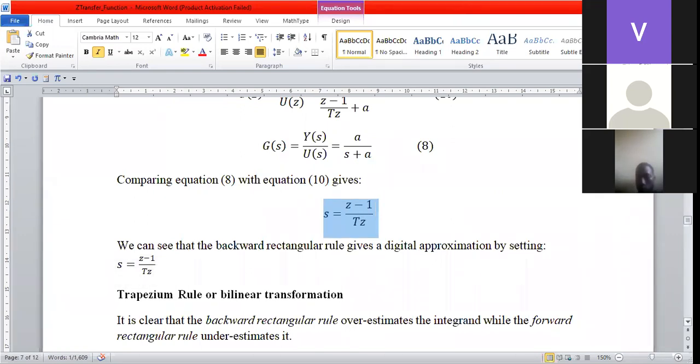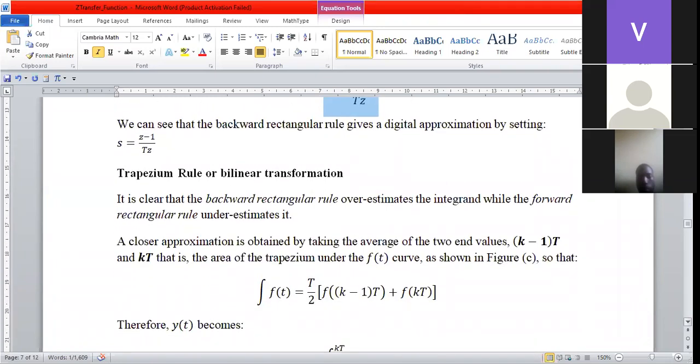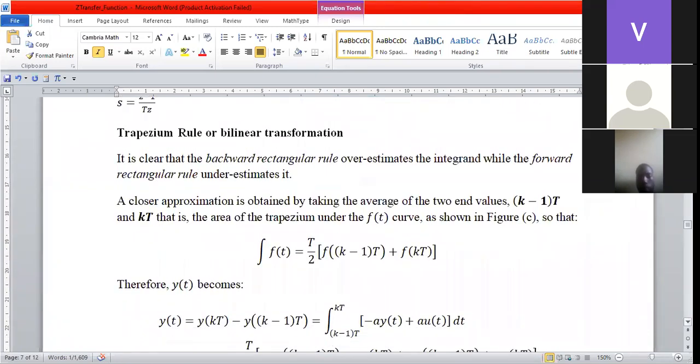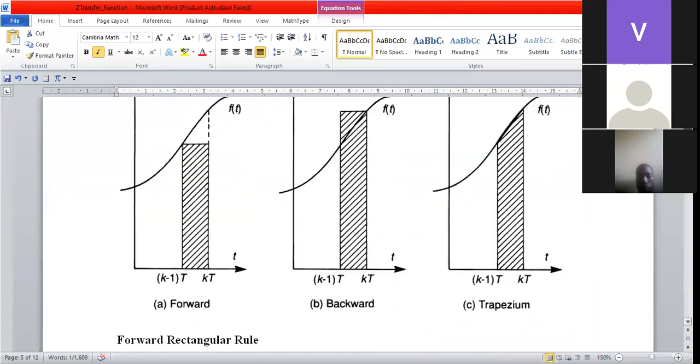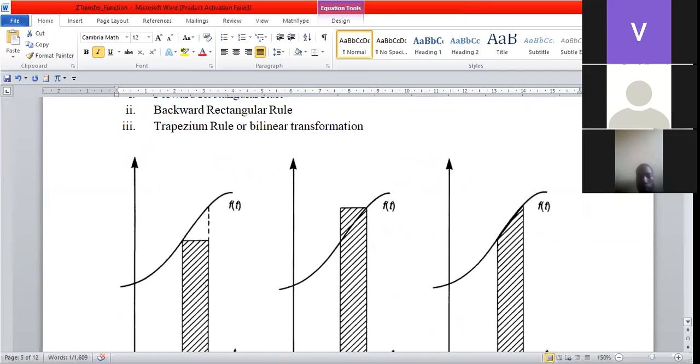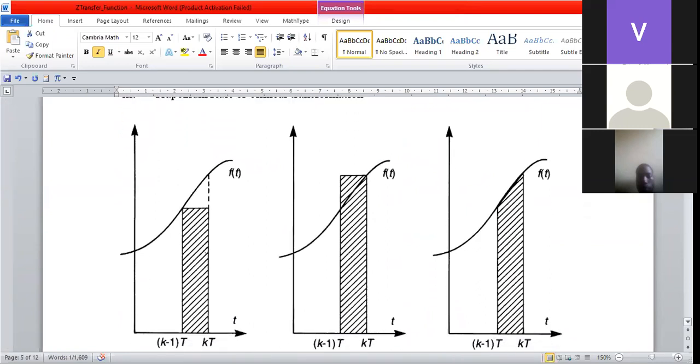We'll be doing an example so that you understand better. Then for the trapezium rule, you replace the integral. You consider the time stamp at the start of the integration and at the end of the integration.